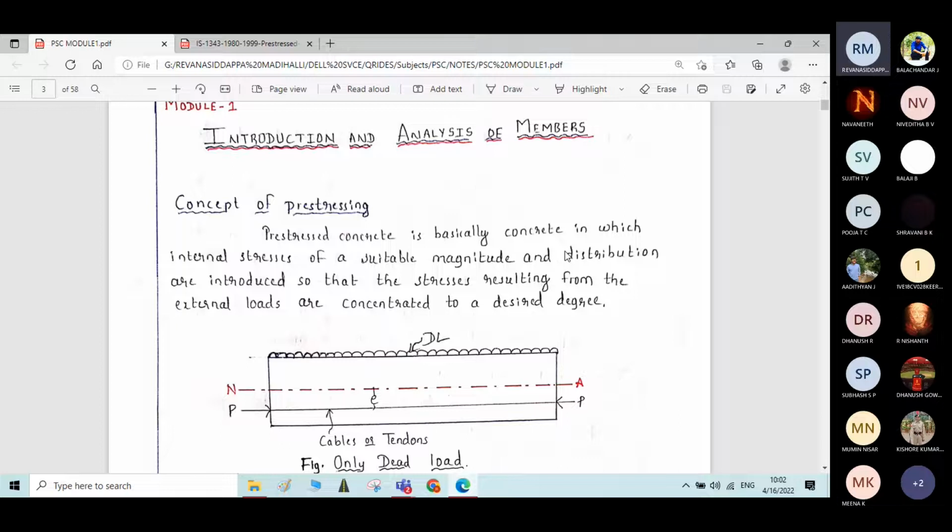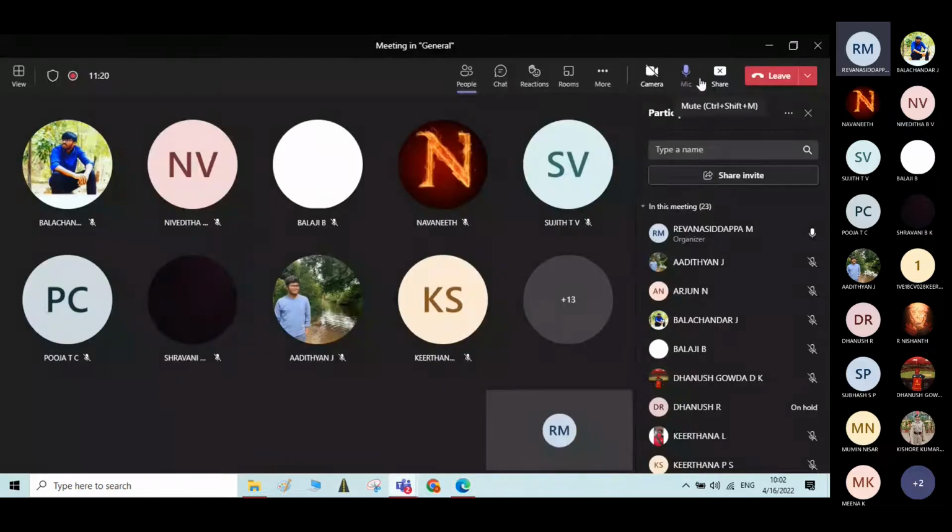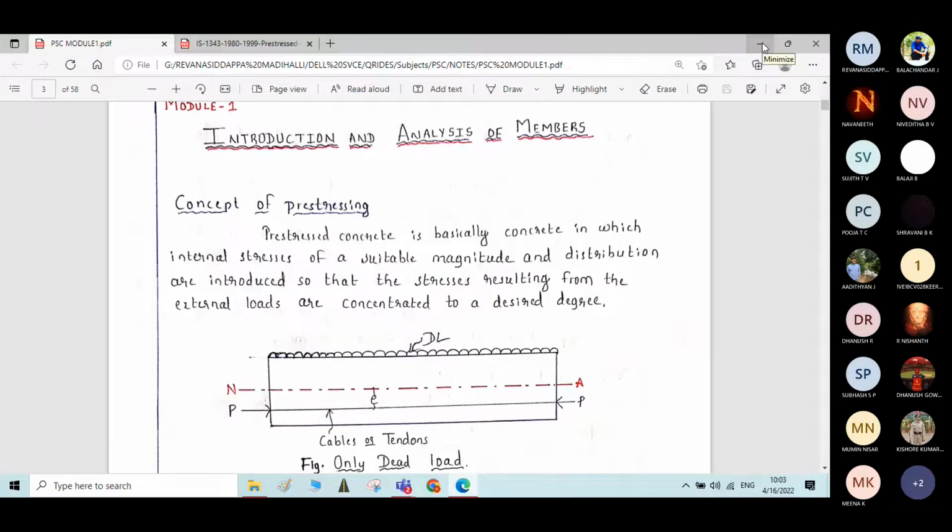Now, let us understand what is the meaning of prestressed concrete. Prestress, as the name itself indicates, in case of a prestressed concrete element, the prestressing will be done to the structural element.